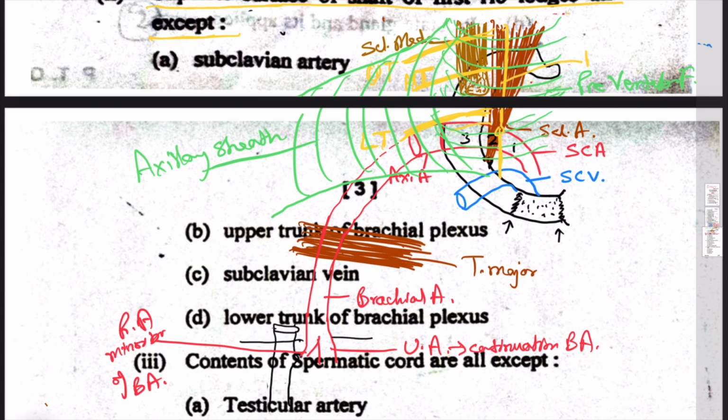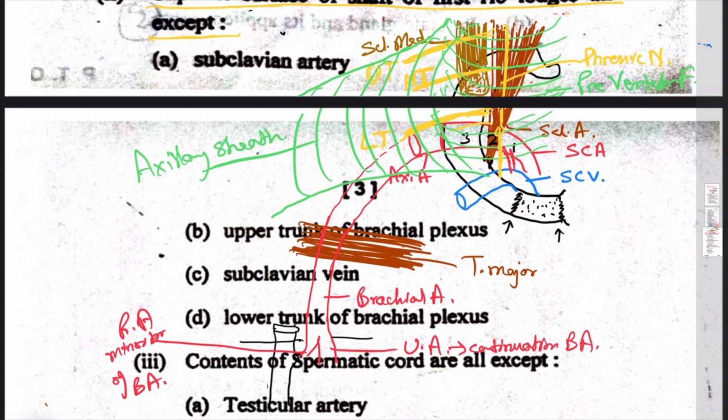This is the phrenic nerve. Remember, the phrenic nerve is a branch from C3, C4, C5, so it is a branch from both the cervical and brachial plexus. When it descends into the thoracic cavity, it is accompanied by a branch of the first part of the subclavian, the internal thoracic artery.